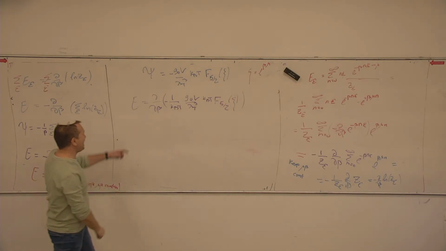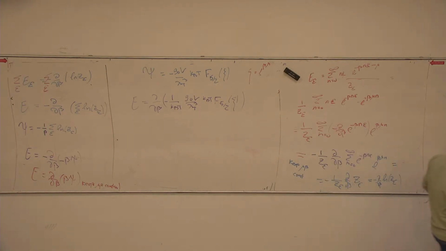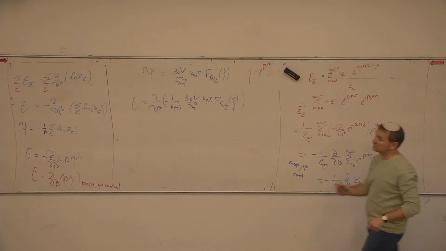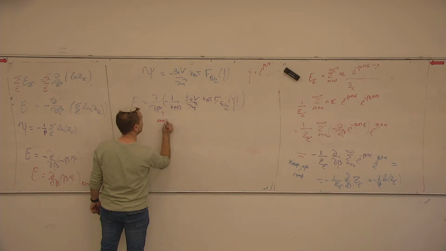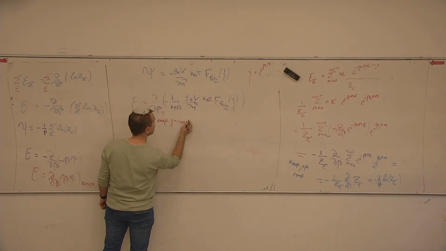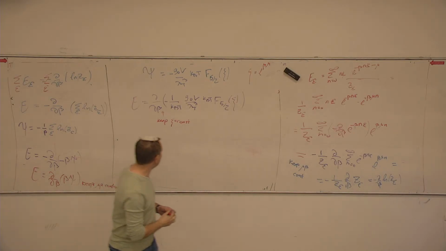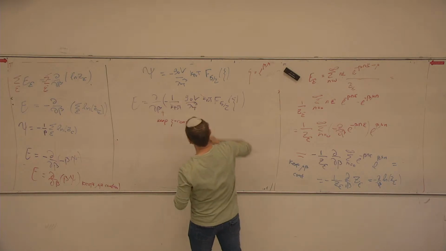Now, when I keep this, I say fugacity is constant. Keep z constant. Okay? So k_B T and k_B T, they cancel out.